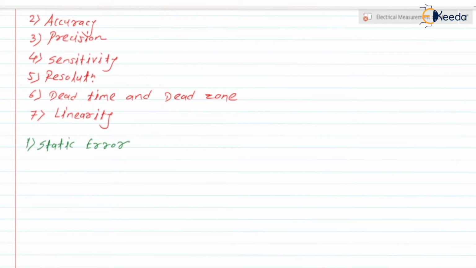Static error is defined as the difference between the measured value and the true value.